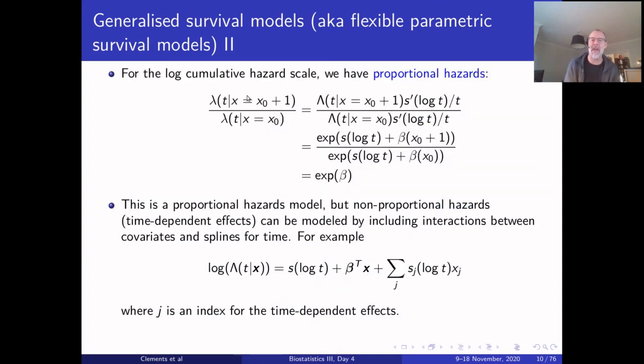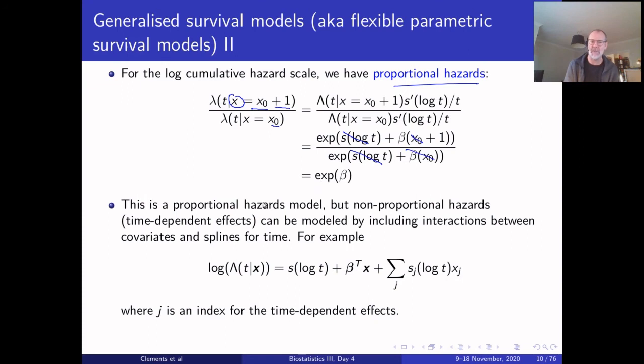What is pleasant about the log cumulative hazard scale is that by default it gives us proportional hazards. If we have an increment in one of the covariates, the baseline is x0, and that's increased by 1 unit. If we do the math, things tend to cancel out, and we're left with proportional hazards.